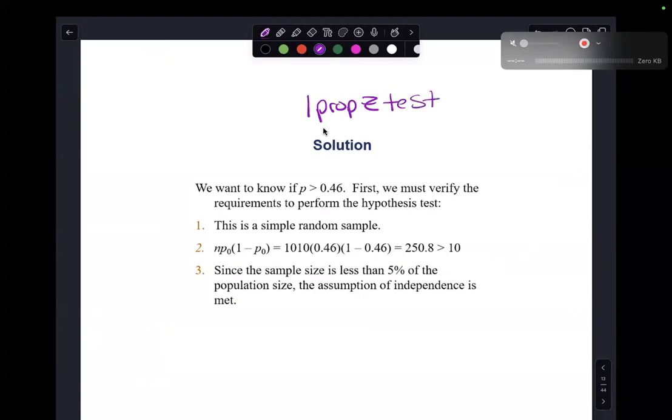Is that where we're going? Hold on. Yes, one prop Z test, one proportion Z test. This is your calculator function. It's Stat, Tests, one prop Z test. That's where we're going.